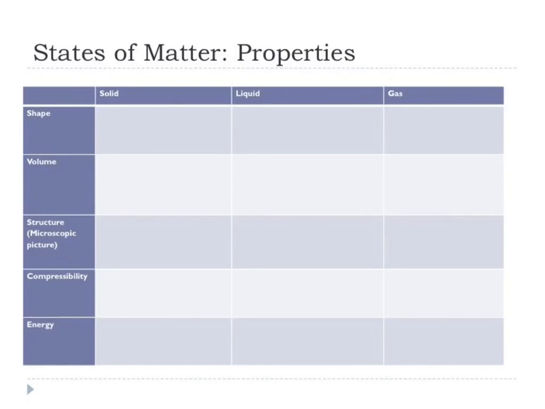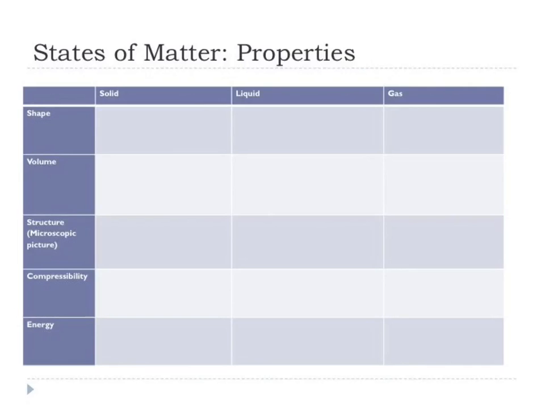fill it in somehow. So we have solid, liquid, and gas. And we're going to talk about these properties. And the properties we're going to talk about are the shape, the volume, the structure at the microscopic level. What does it look like? The compressibility. How can we smush those particles in closer together? And the energy. How are those particles moving?